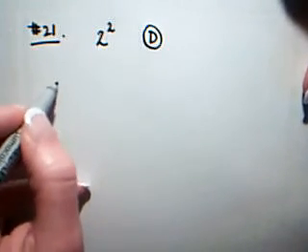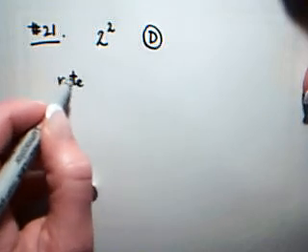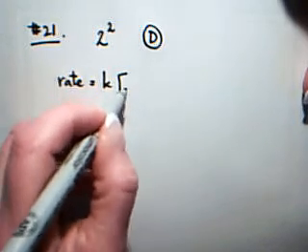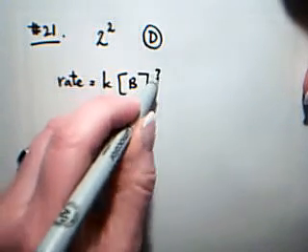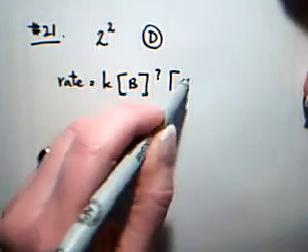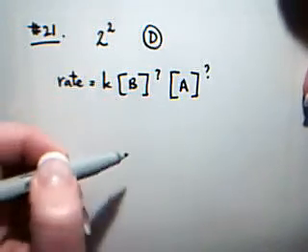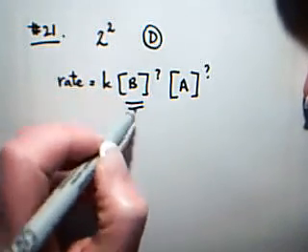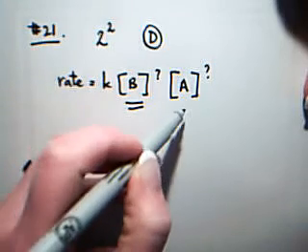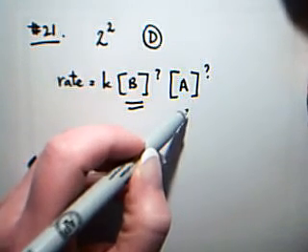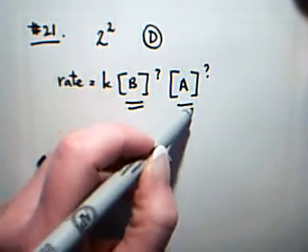Clearly this is a rate that depends on both B, we don't know the order, and A, and we don't know that order. But it said that it didn't change B in this experiment, it just changed the concentration of A, and it did so by doubling it.